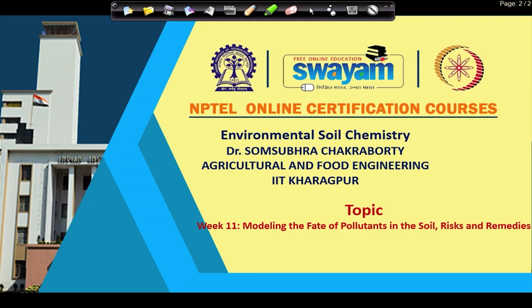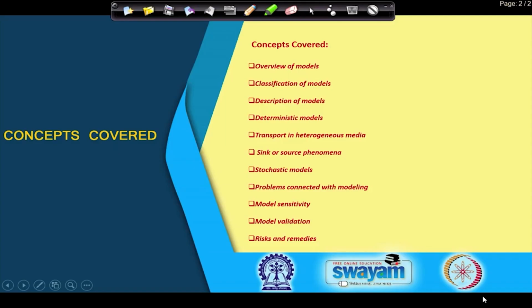So, basically we are going to talk about the fate of different pollutants in the soils, what are the risks associated and how to calculate that risk, and what are the remedies. So, how to cope with the situation when there is pollution in the environment. These are the concepts which we are going to cover in this module.